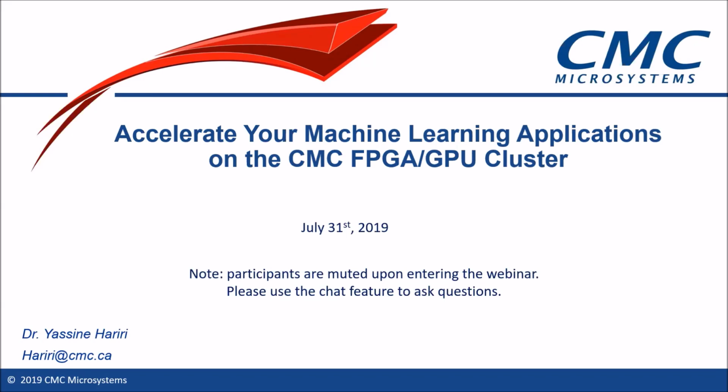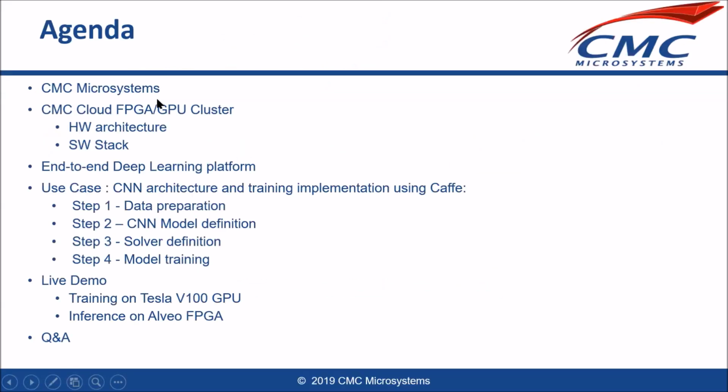So let's start with the agenda. After a quick introduction of CMC Microsystems, we are going to present the CMC Cloud FPGA GPU cluster. Both hardware and software architecture will be presented.